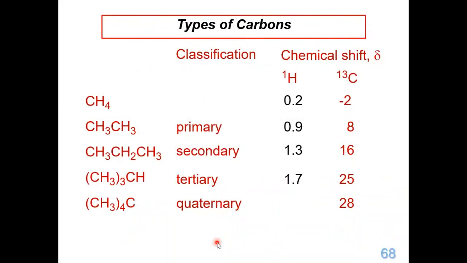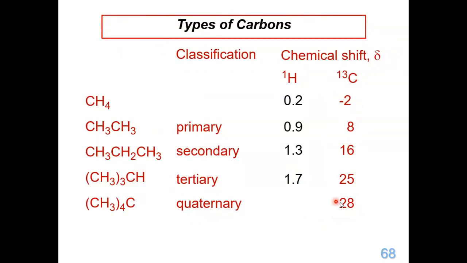And similarly, you will see the same argument. In the case of protons, we know CH4 protons have a lower chemical shift value than CH3 protons. CH3 protons have lower chemical shift than CH2 protons, which have lower chemical shift value than CH protons. Now, similarly for carbon: if a carbon is connected to 4 hydrogens, it has the lowest chemical shift value.